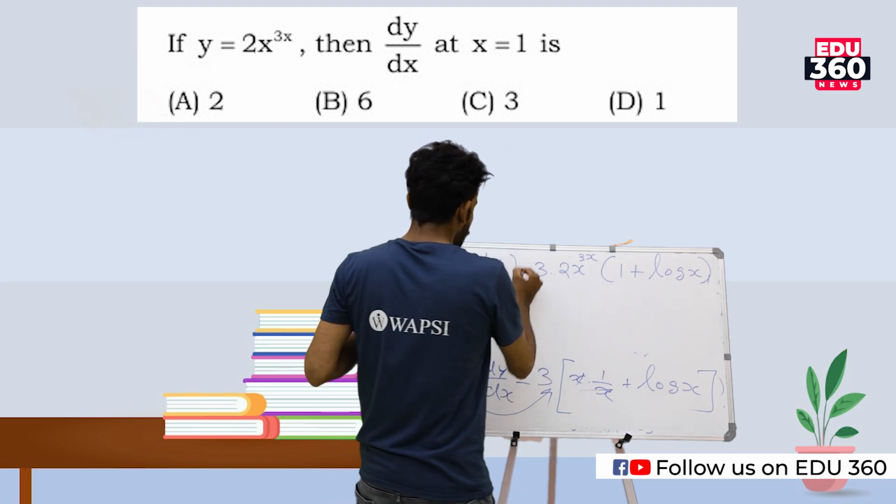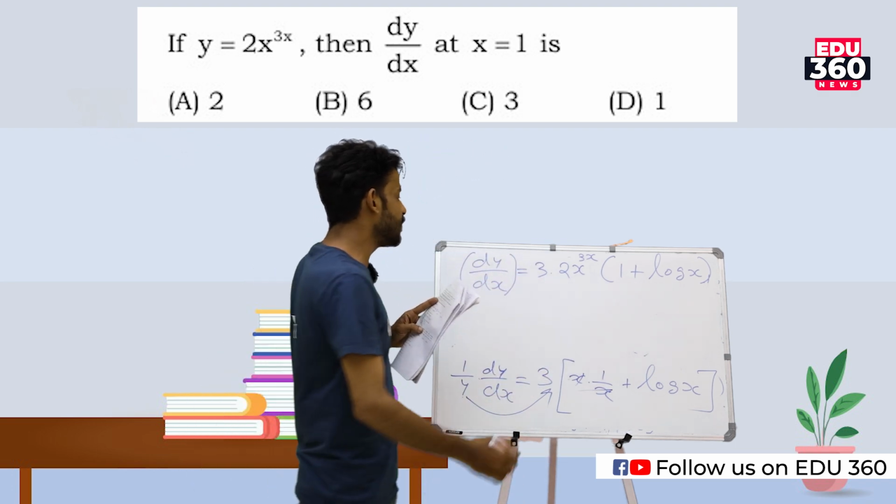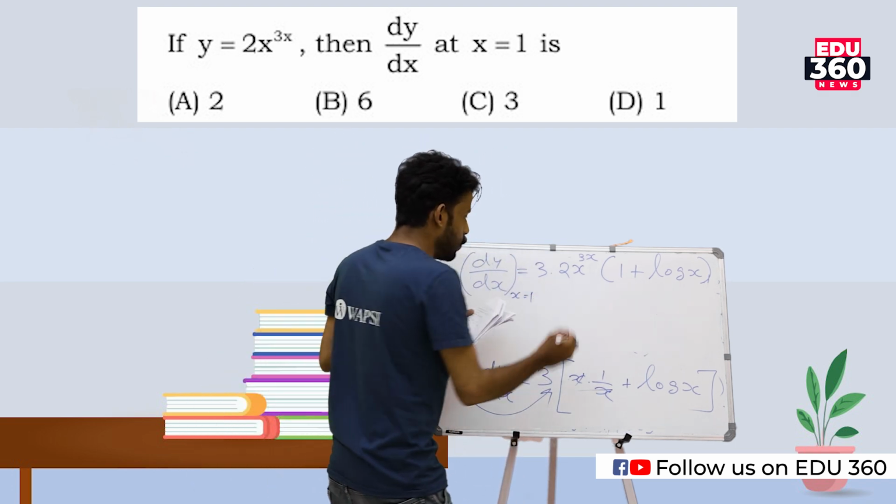We need to find dy by dx at x is equal to 1.